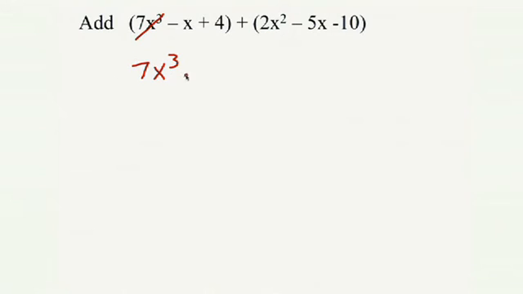So all I have here is plus 2x squared. Now I'm looking for x's. I have negative 1x and negative 5x here. Negative 1 plus negative 5 is negative 6x. That takes care of this and this. And finally, positive 4 added to negative 10 is negative 6.